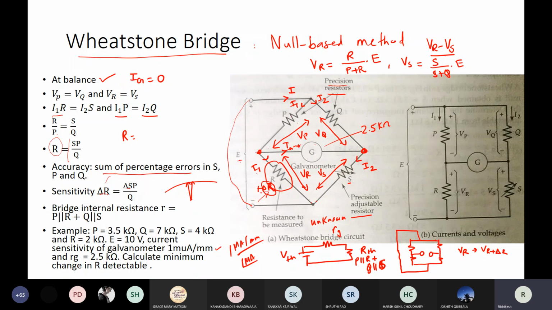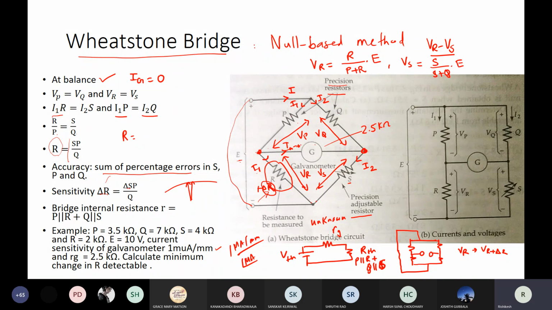When R has changed to R plus delta R, what happens to VR? Does it increase or decrease from the previous value? It will increase, right? Now we want to find out how much it is going to increase.